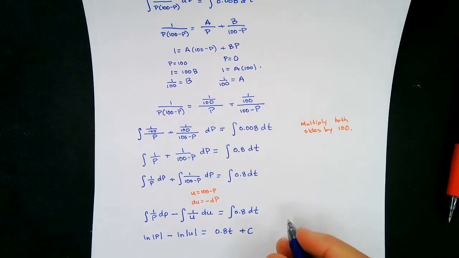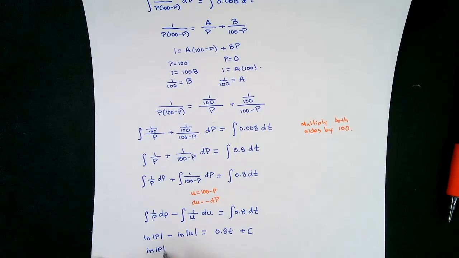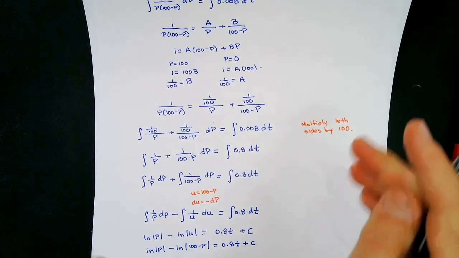So swapping this back out, I'm going to change my u back to 100 minus p. So this becomes the natural log of the absolute value of p minus the natural log of the absolute value of 100 minus p is equal to 0.8t plus some constant c.